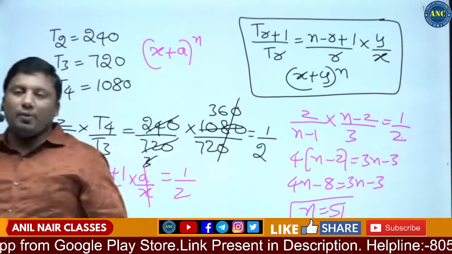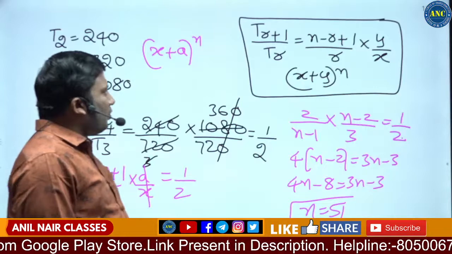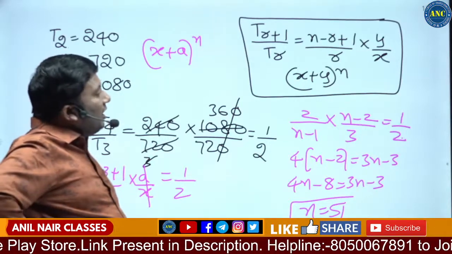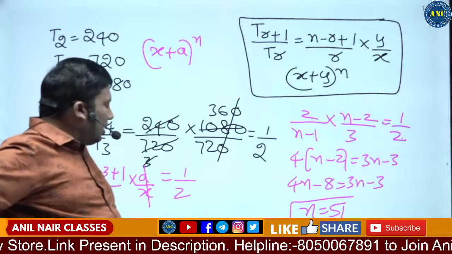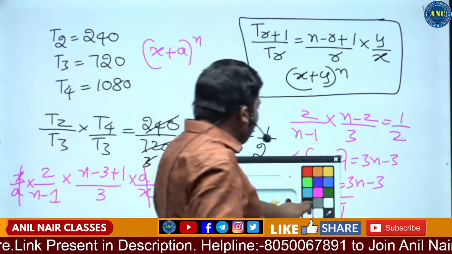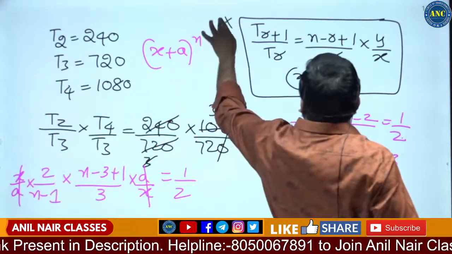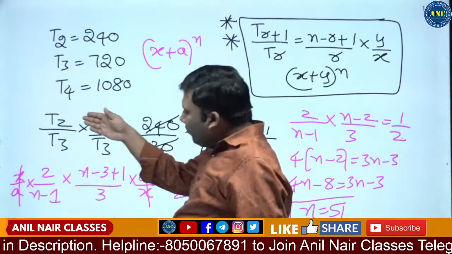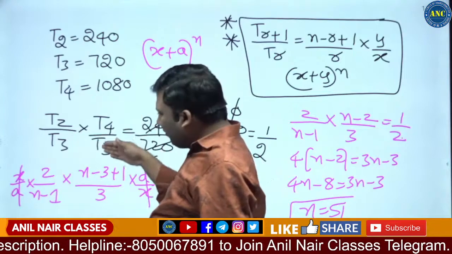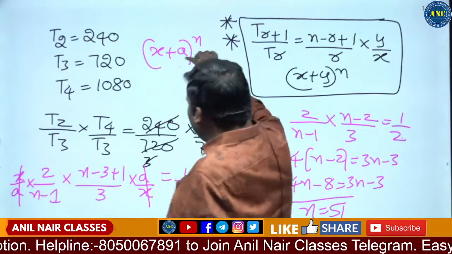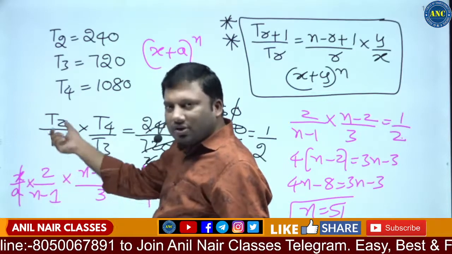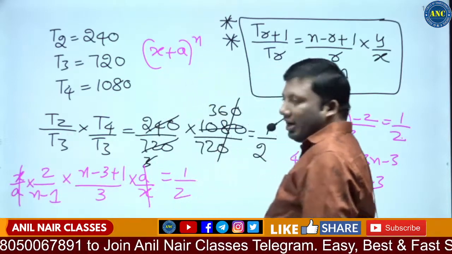Very, very important property driven question. T(r plus 1) by T(r) is given by (n minus r plus 1) by r into y by x. Why did I take T2 by T3 and T4 by T3? In T4 by T3, I get a by x. I wanted to cancel a by x, so I took the reverse, T2 by T3. I hope it is clear.